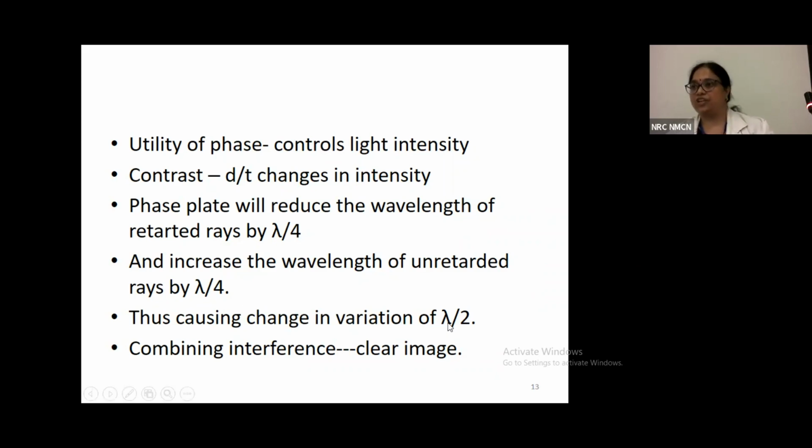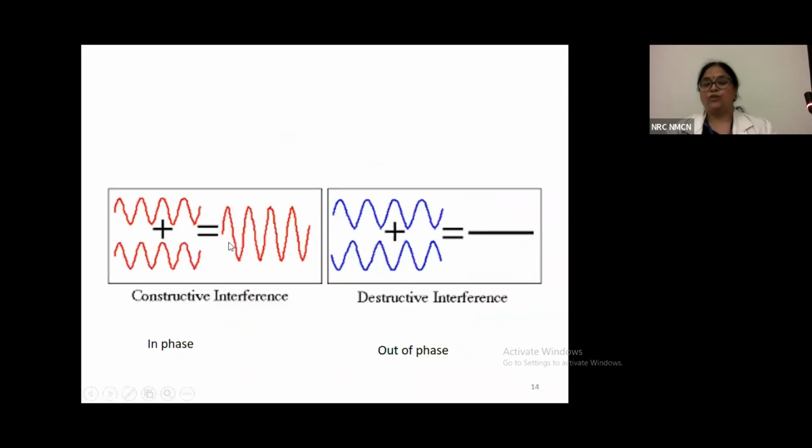This change in variation of the wavelength is perceived as a change in intensity, and thus we are able to see the specimen.